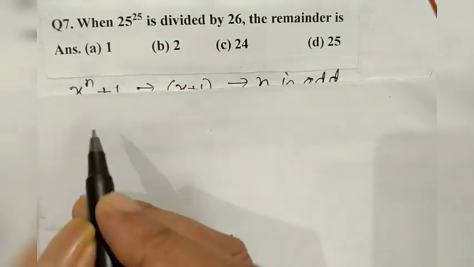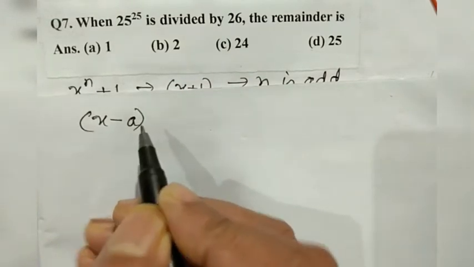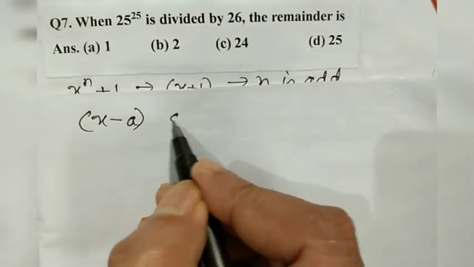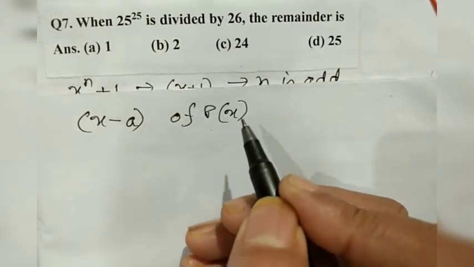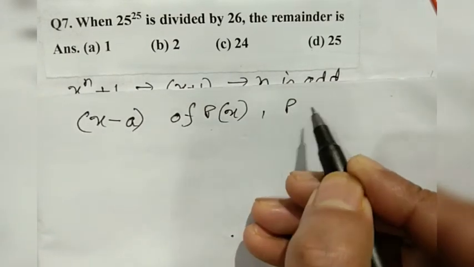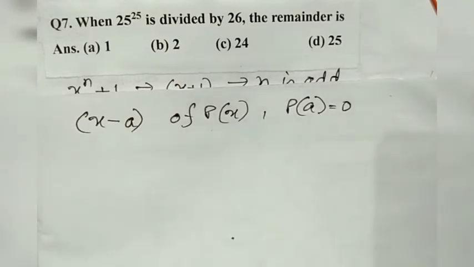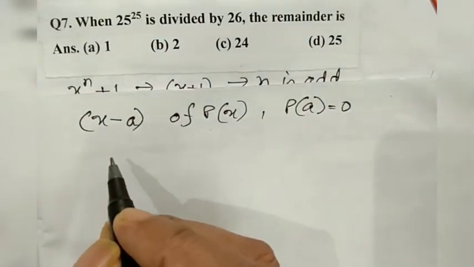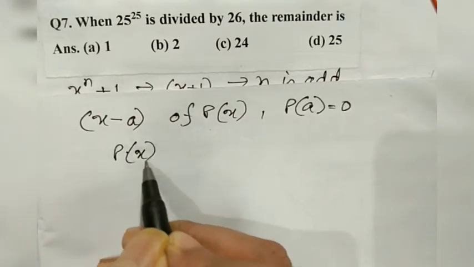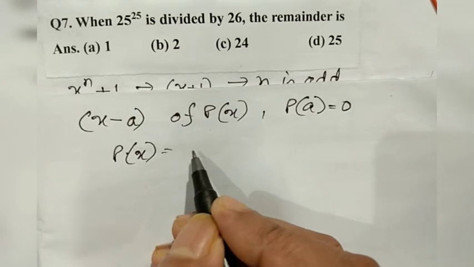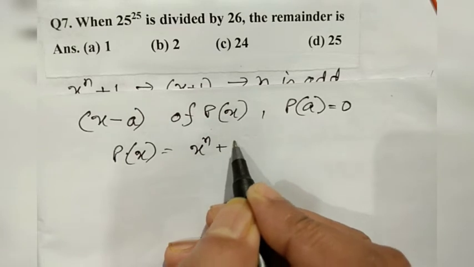We know that x minus a is a factor of p(x) if and only if p(a) equals 0. Let p(x) equal x to the power n plus 1.